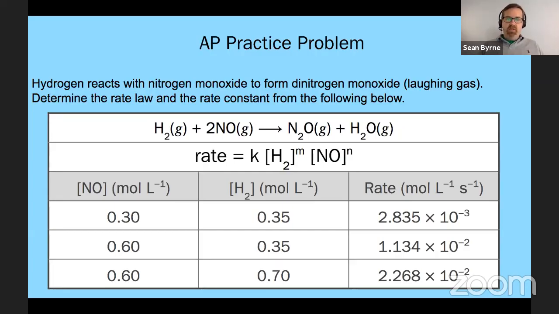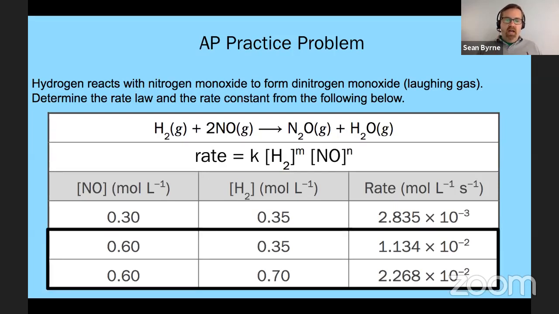So what we want to make sure we do when we're looking at our data is to isolate different trials in such a way that one of the variables is changing, one of the reactants is changing, and the other one is not. So I'm going to isolate trials number 2 and 3 here because I notice that the NO, nitrogen monoxide, is not changing. So the concentration of nitrogen monoxide is not changing in between those 2 different trials.